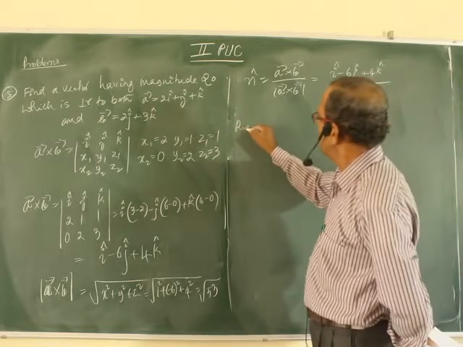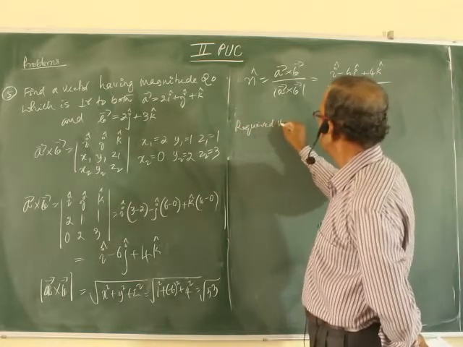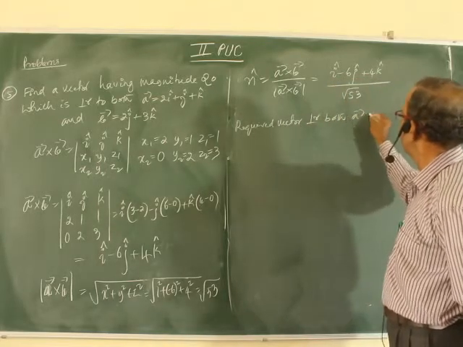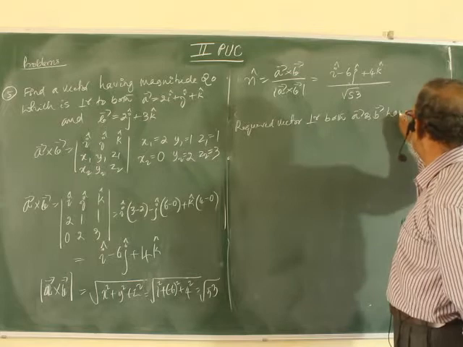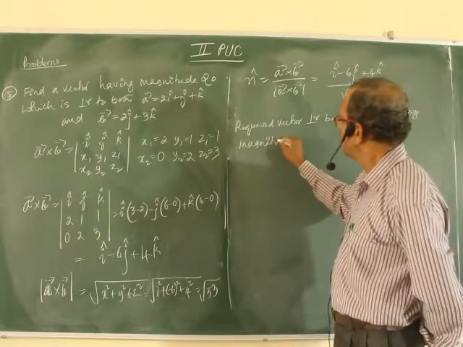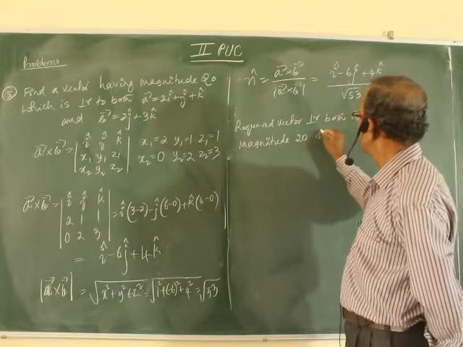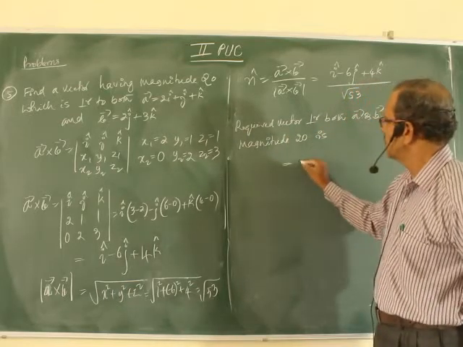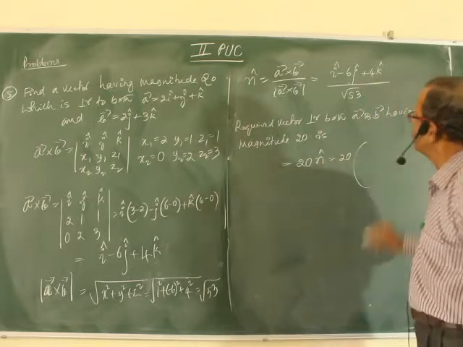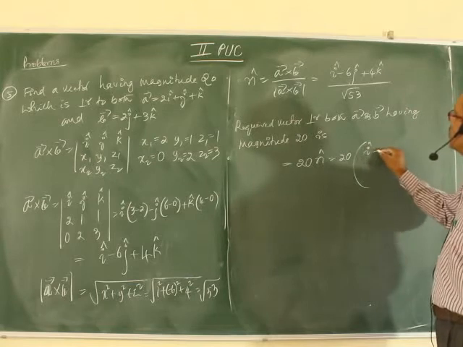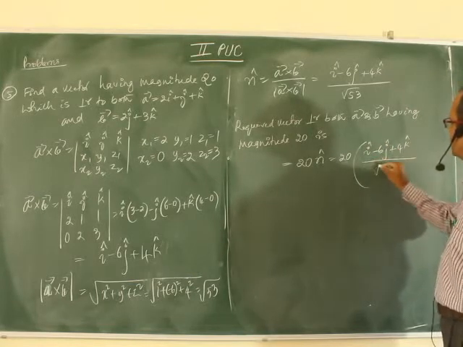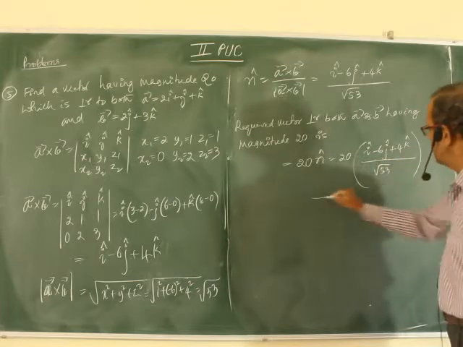Now the required vector perpendicular to both A and B having magnitude 20 is the answer: 20 into n cap, or 20 into i minus 6j plus 4k divided by root 53.